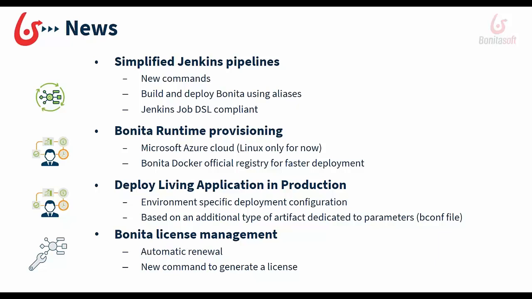That's why also we can build and deploy directly using aliases. And we are compliant with Jenkins job DSL, which is nice because you will be able to reuse a lot of things from there. That's definitely something you want to look into to build and deploy in the right way using our tools, especially BCD.